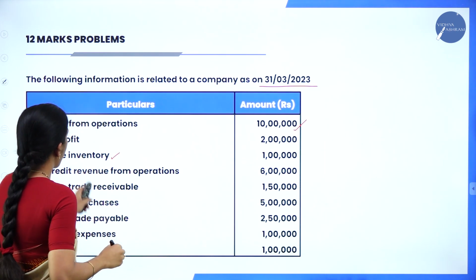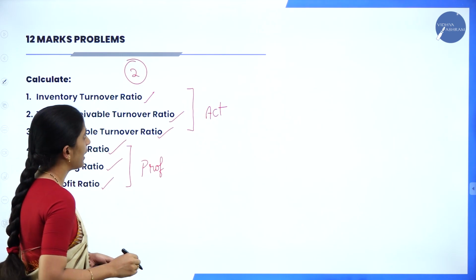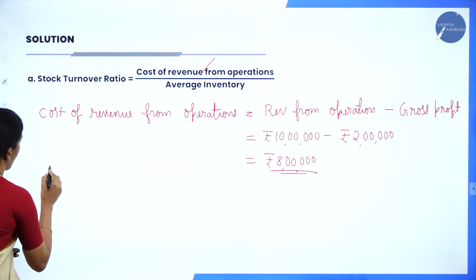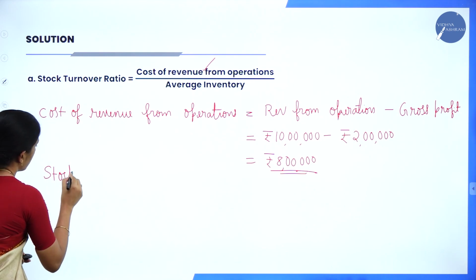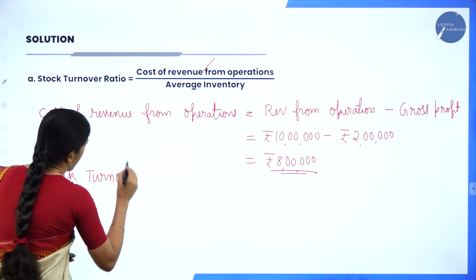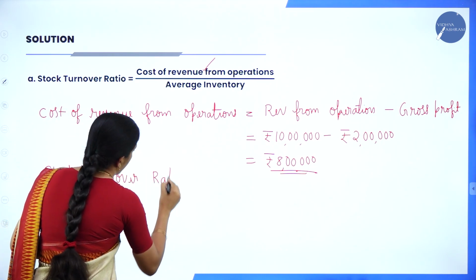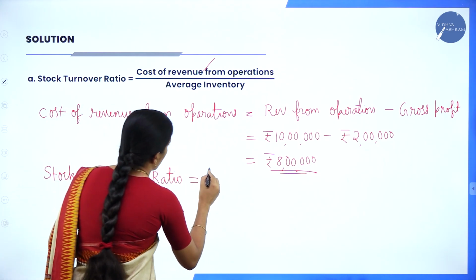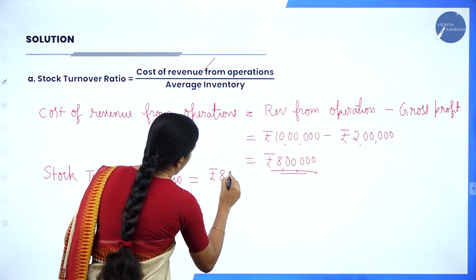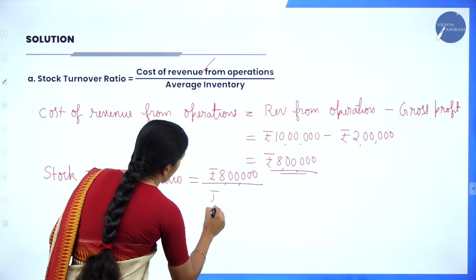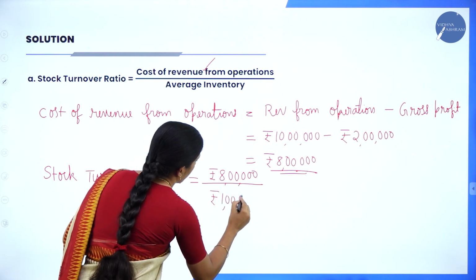Average inventory, how much have they given? Average inventory is 1 lakh. So, we shall apply the formula for stock turnover ratio or inventory turnover ratio. Stock turnover ratio is equal to cost of revenue from operations, rupees 8 lakh, divided by average inventory, rupees 1 lakh.